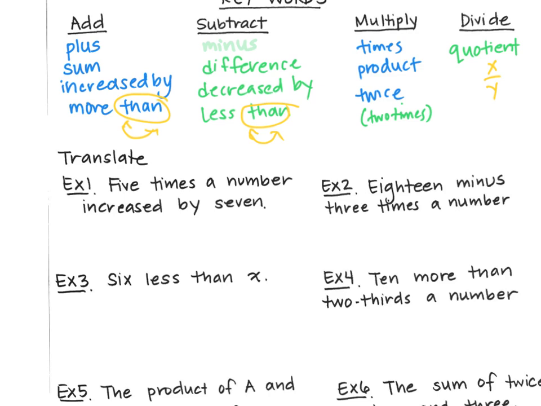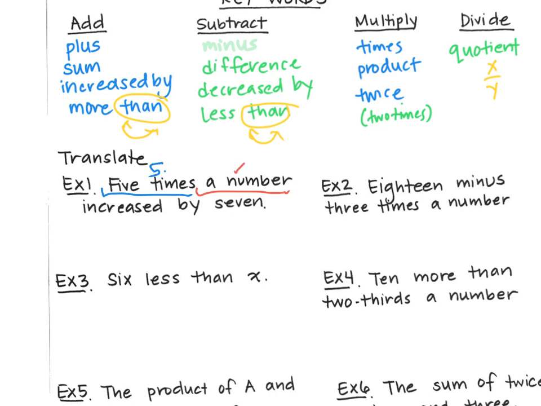We're going to do some examples where we translate the word expression into an algebraic expression. Pause the video so you can copy down the problem. For example 1, it says 5 times a number increased by 7. So I'm just going to go word by word. It says 5 times, so 5, maybe a dot. When it says a number, in algebra, we actually mean a variable.